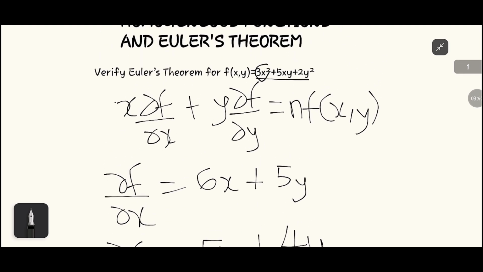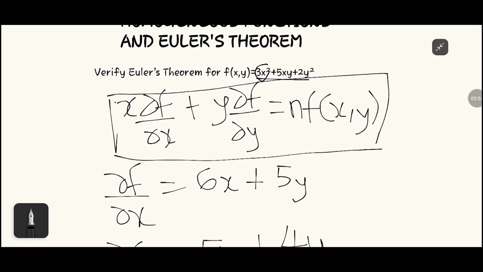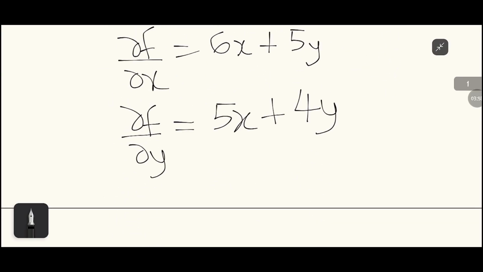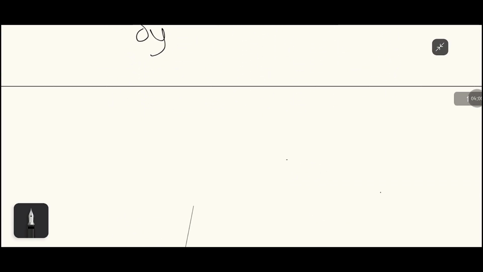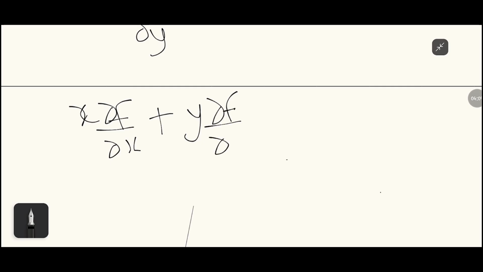So now we have gotten our ∂f/∂x and ∂f/∂y. The next thing is that we are going to input it into Euler's theorem and verify if it satisfies Euler's theorem. So for Euler's theorem, we have x ∂f/∂x + y ∂f/∂y equal to 2 times f. Now, the degree is 2 for the function f(x, y).